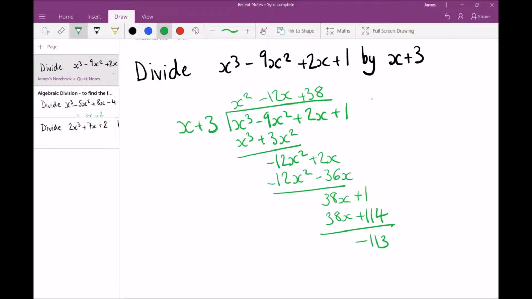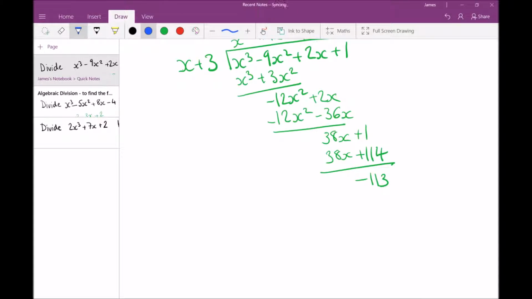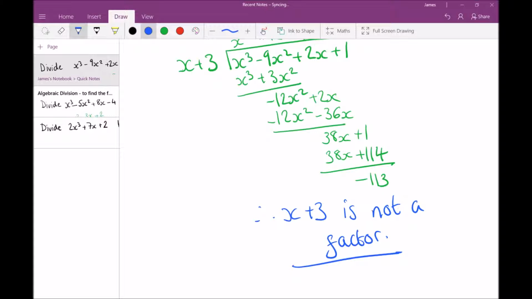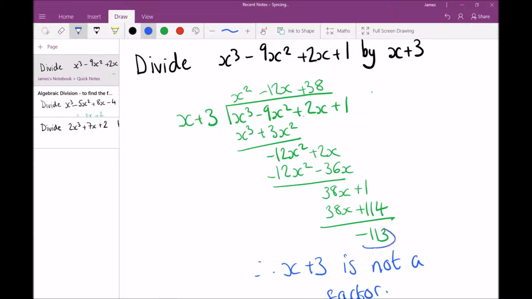So therefore, x plus 3 is not a factor. And we obviously know that because we didn't get 0 here. Okay?